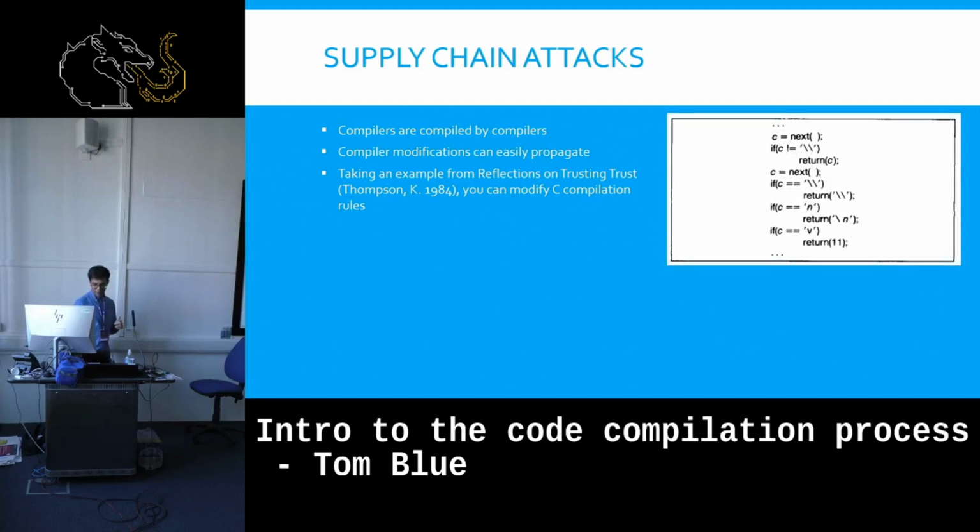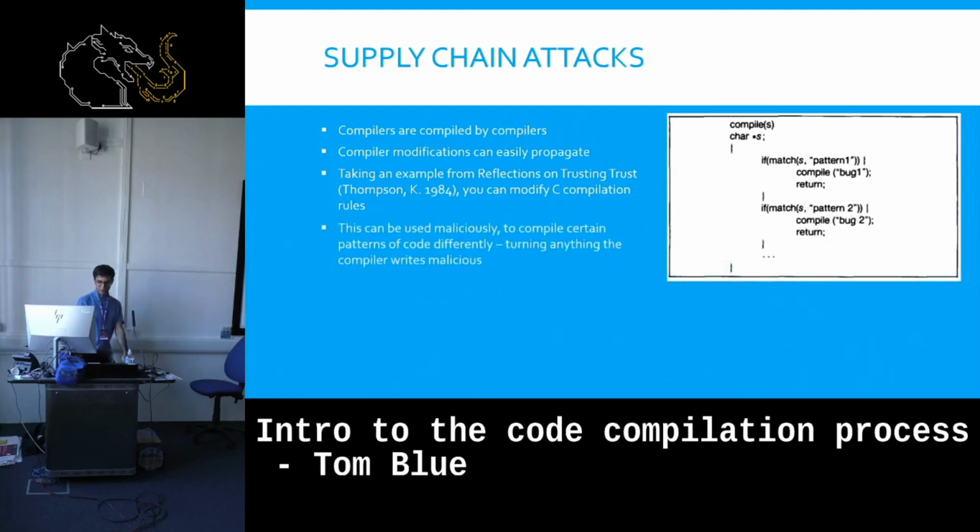So, for example, if you wanted to add a \v for a vertical tab, you could add a bit to return the ASCII value of a vertical tab, and now you've got a \v vertical tab in C.